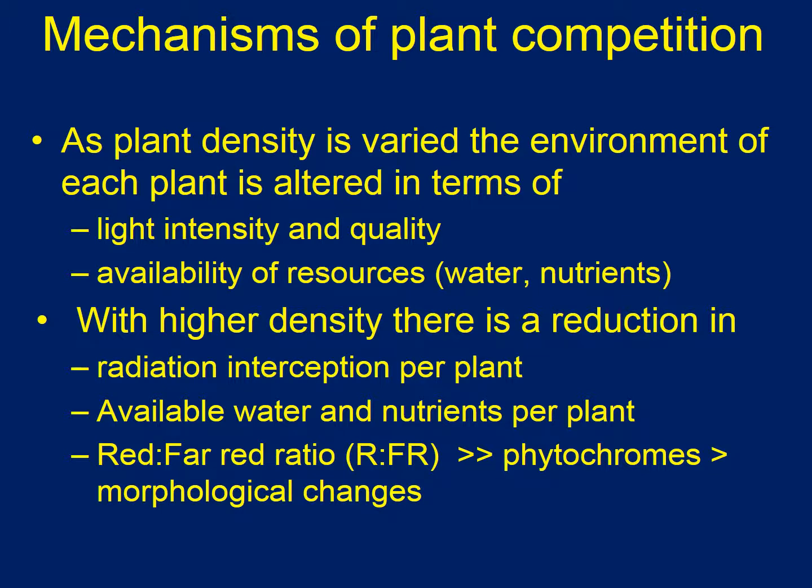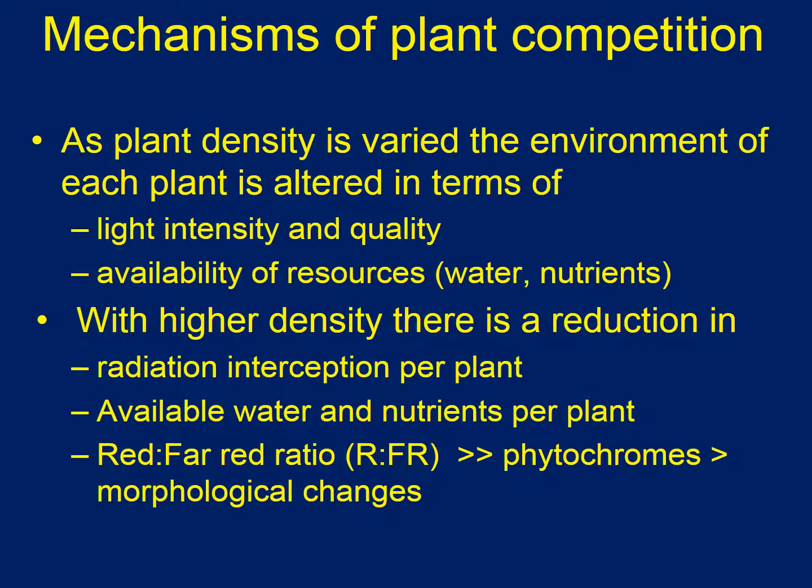The mechanisms of plant competition are those that appear as the planting density increases, and therefore the environment of each plant is altered in terms of light intensity and quality and availability of resources, water and nutrients.